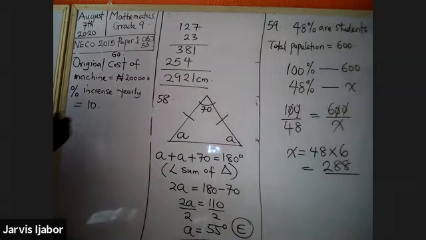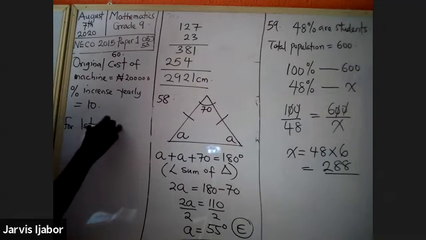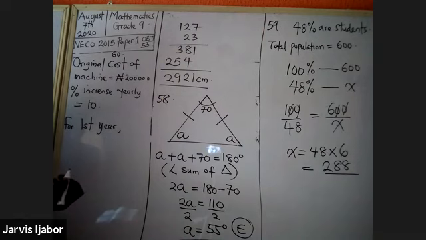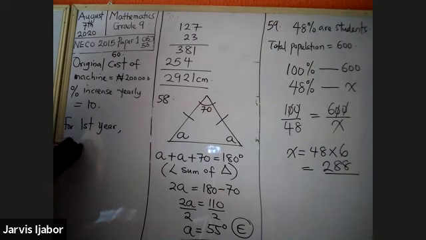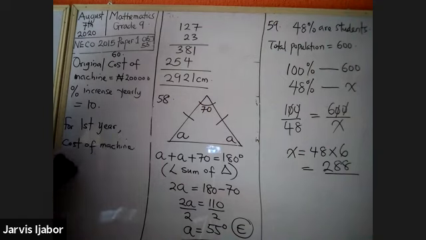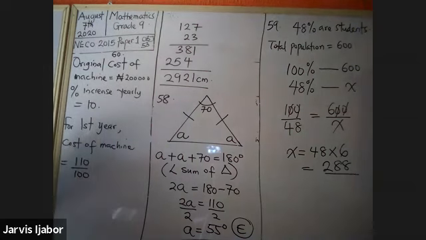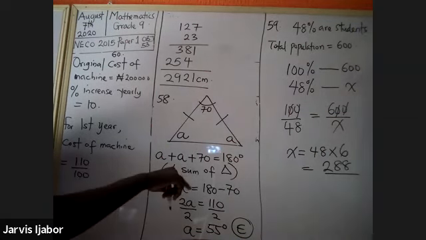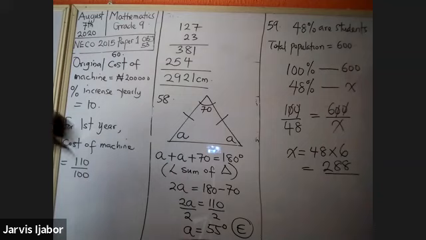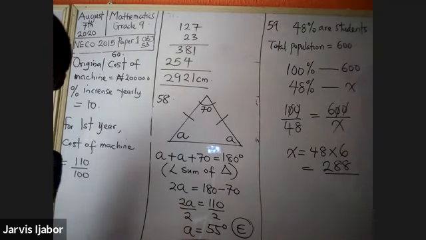So for the first year, what will be the cost of the machine? The cost of the machine will be equal to 110 over 100. Somebody's asking, why are we using 110? It's the same thing I spoke about when we were talking about percentage increase.